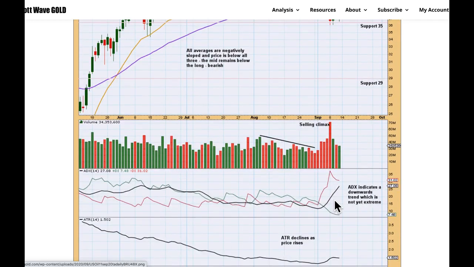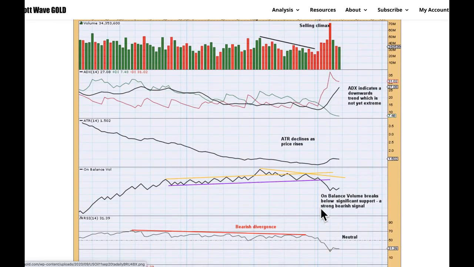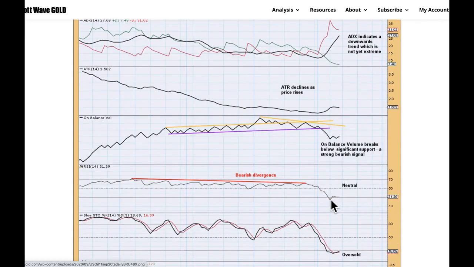ADX indicates a downward trend. It's not yet extreme, so it's not above 45 and it's not above both directional lines. There's plenty of room for this new downward trend to continue. On balance, volume has broken below support, gave a strong bearish signal. No real new range yet to draw to look for the next breakout. RSI reached oversold as we saw that selling climax.